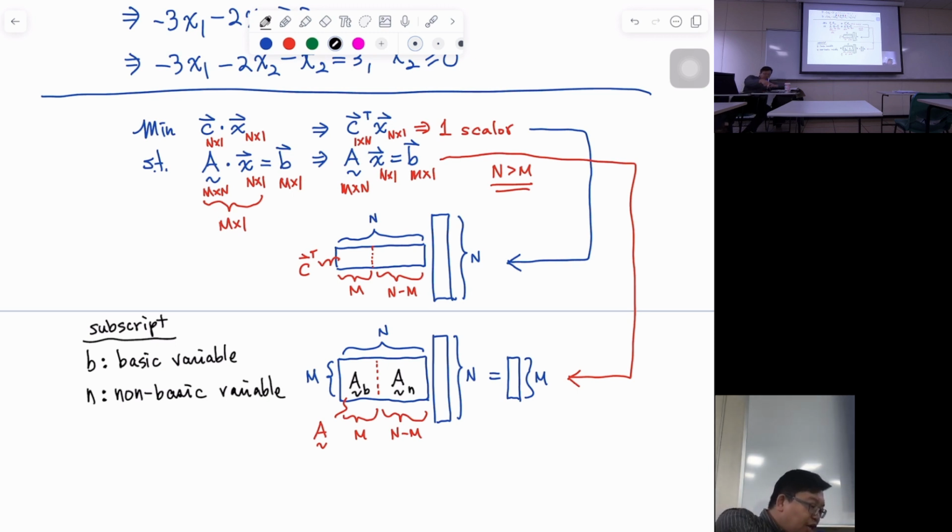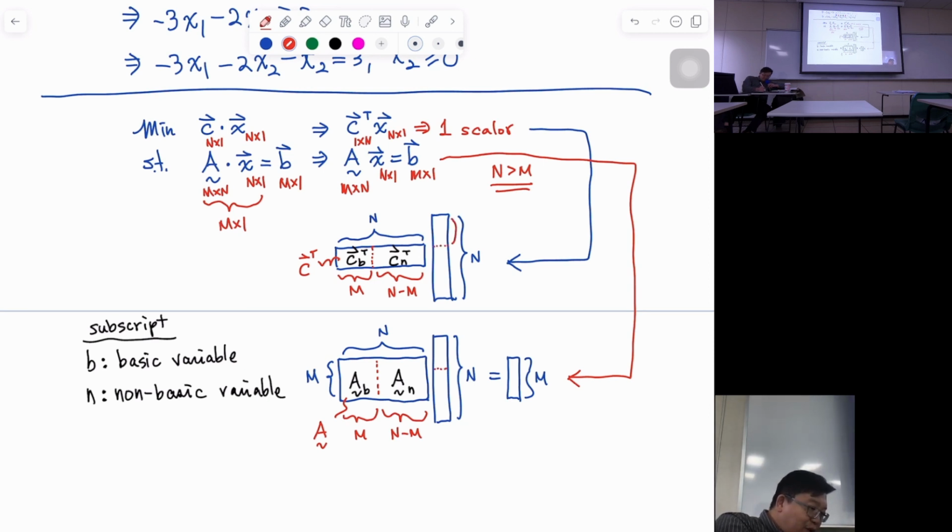And for the C, since we already separated them into two, over here this is gonna be CB and CN, and of course, it's the transpose of it. Okay? And even for the X, we can separate it into two.